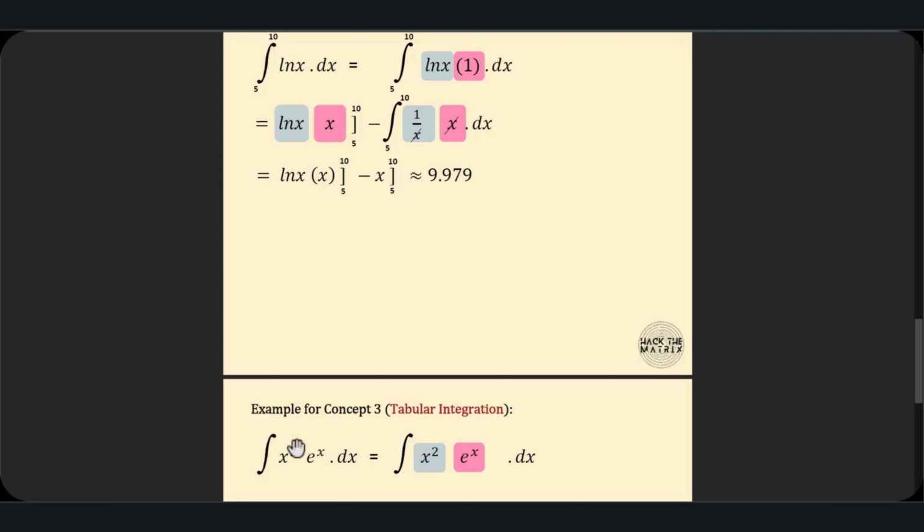And this is how we identify part 1 to be this function that is easy to differentiate, and this is the function that's easy to integrate. I'm putting the colors here because I located part 1 and part 2.